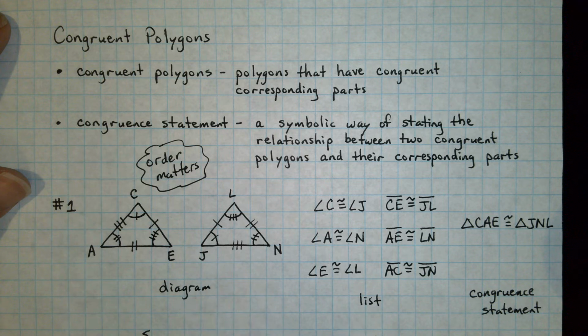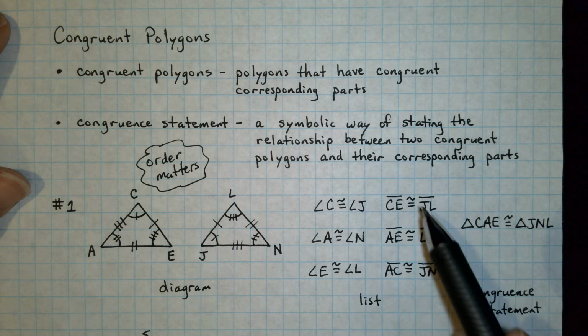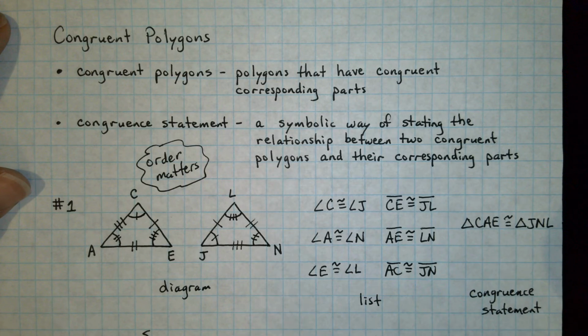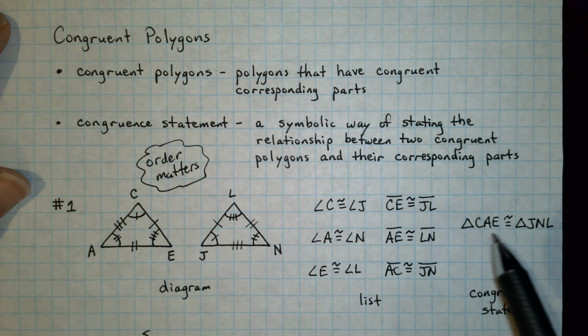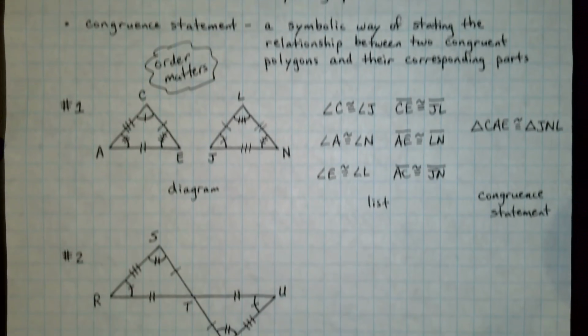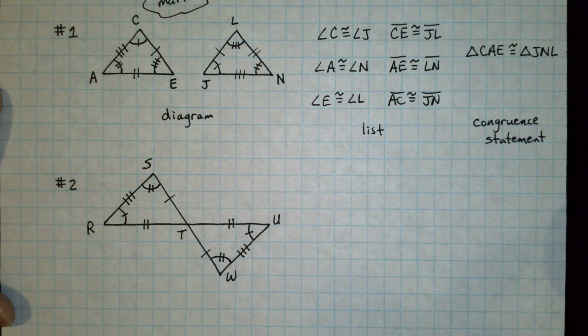Now these two triangles are completely separate. So your diagram, they look separate. Your list, they're completely separate here. All the angles are listed with one letter for their names. The congruent statement, they don't have any repeated letters. But when you look at this second example, now these two triangles do share something.